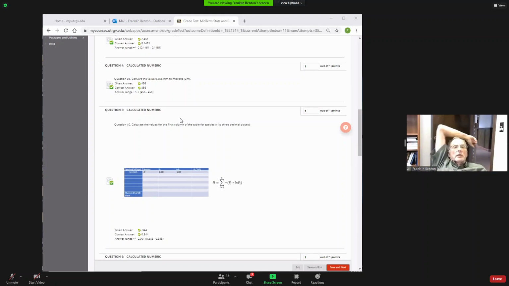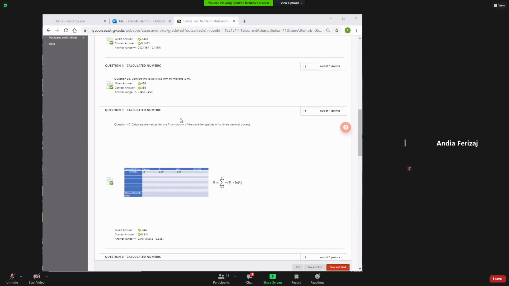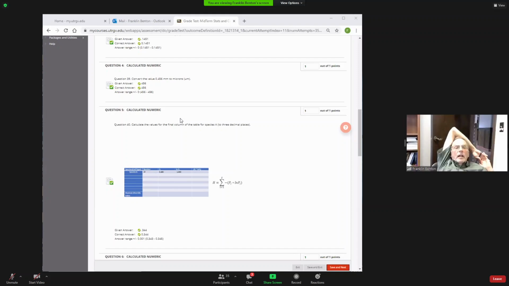Now we're starting into, I think, when you're using the diversity. Okay, calculate the values for the final column of the table for species A to 3 decimal places.